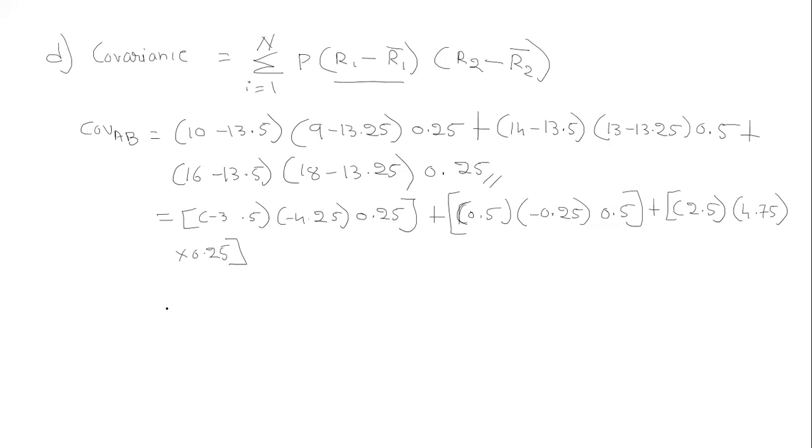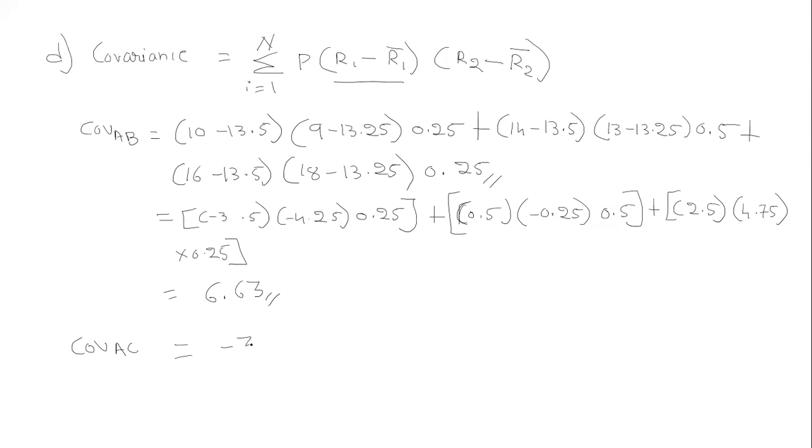So the bracket is complete. After solving this, we get the value 6.63. So that is the covariance between A and B. And for covariance between A and C, you please calculate it. I'm just going to write the direct answer.